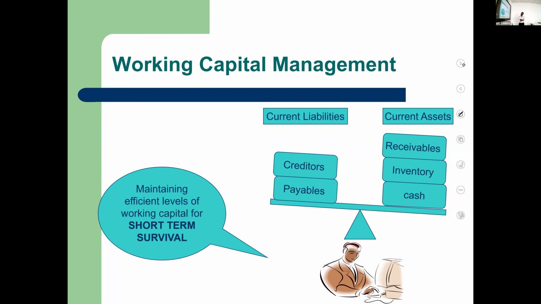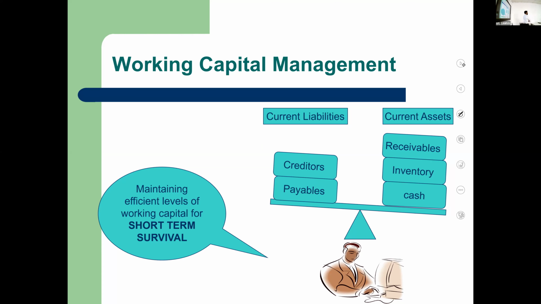Now you have the idea, right? Maintaining the efficient level of working capital for short-term survival. Efficient level means we can do our work 100% with less wastage, right? You should not waste your funds.